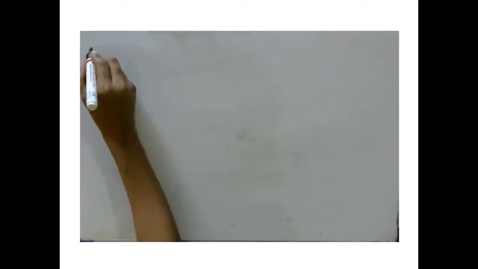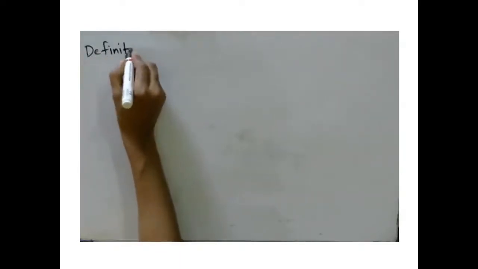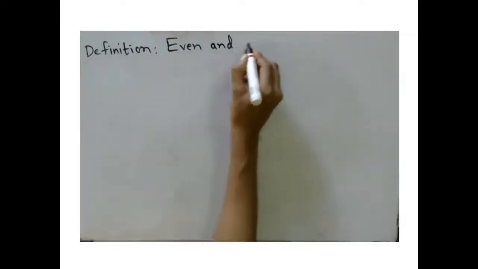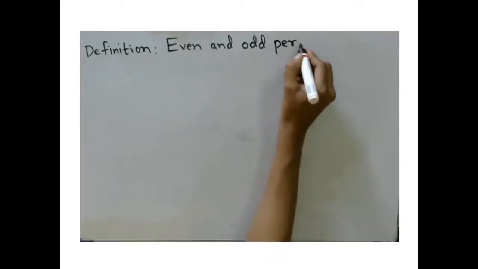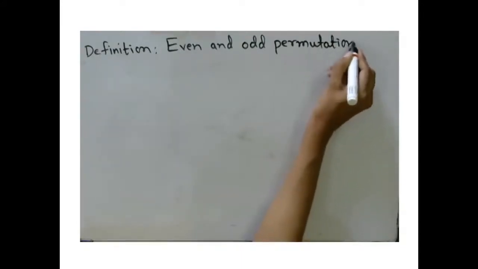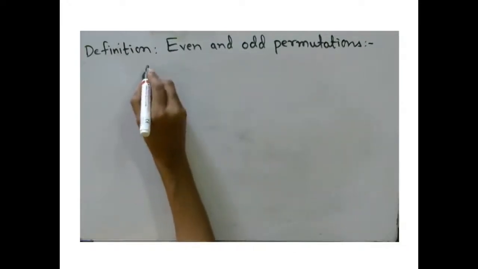So first let us write the definition of even permutation.